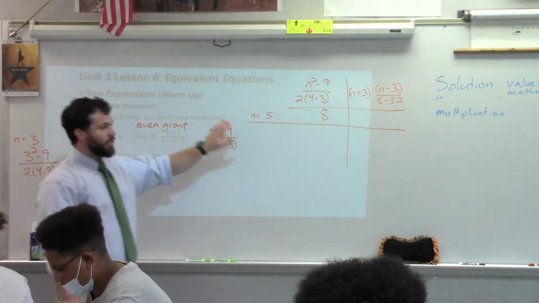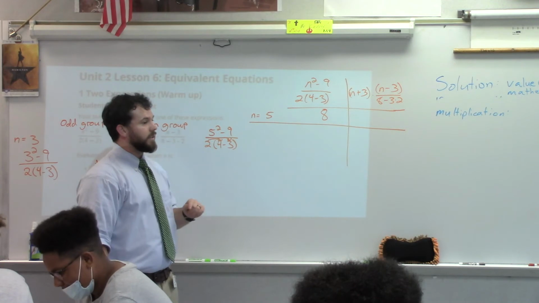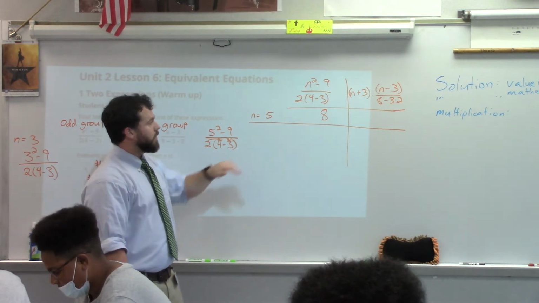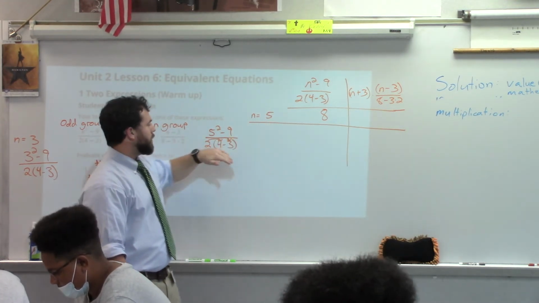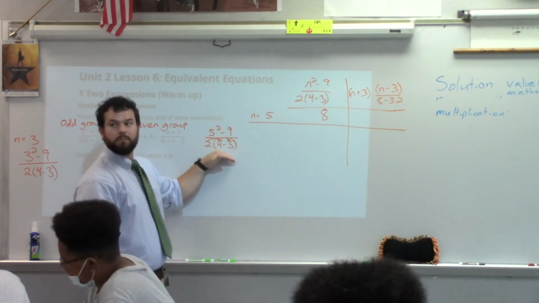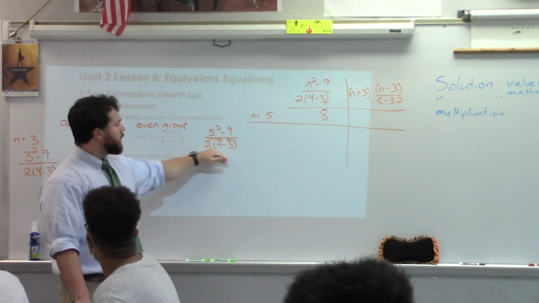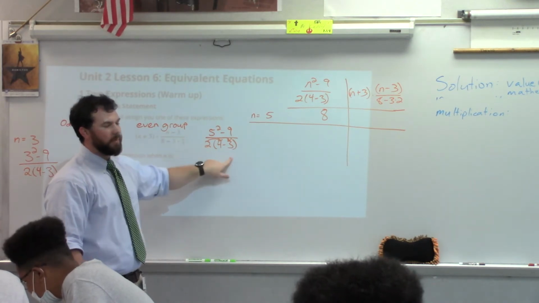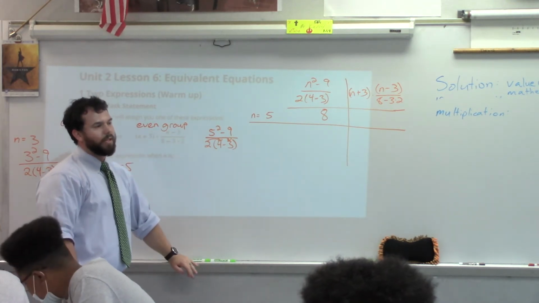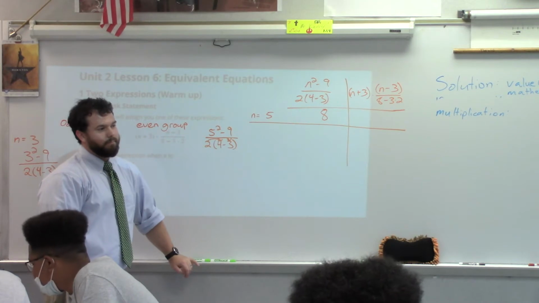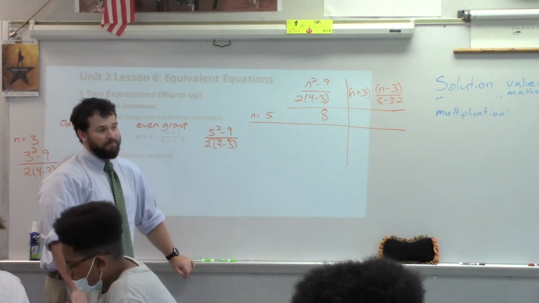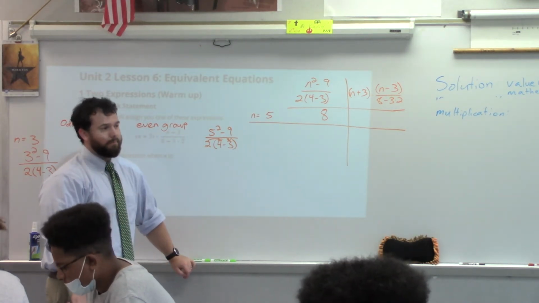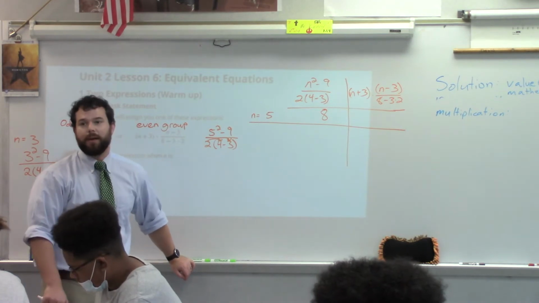For those who had expression 1, the odd groups, a lot of them took 2 and multiplied it by 4, and then took 2 and multiplied it by negative 3. What property is that? Starts with a D. Distributive. Distributive property. That is a valid property in mathematics.